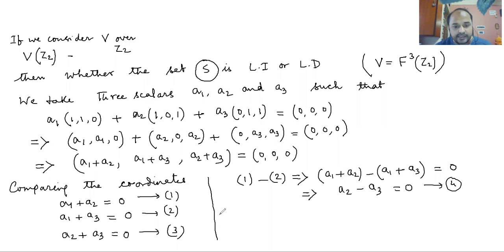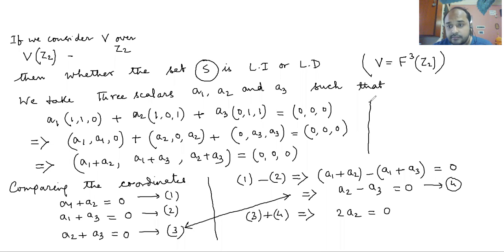And if I consider equation 3 and equation 4 together and add equation 3 to equation 4, what do we get? We get twice A2 equal to 0. Now you see, we know that Z2 has characteristic 2.